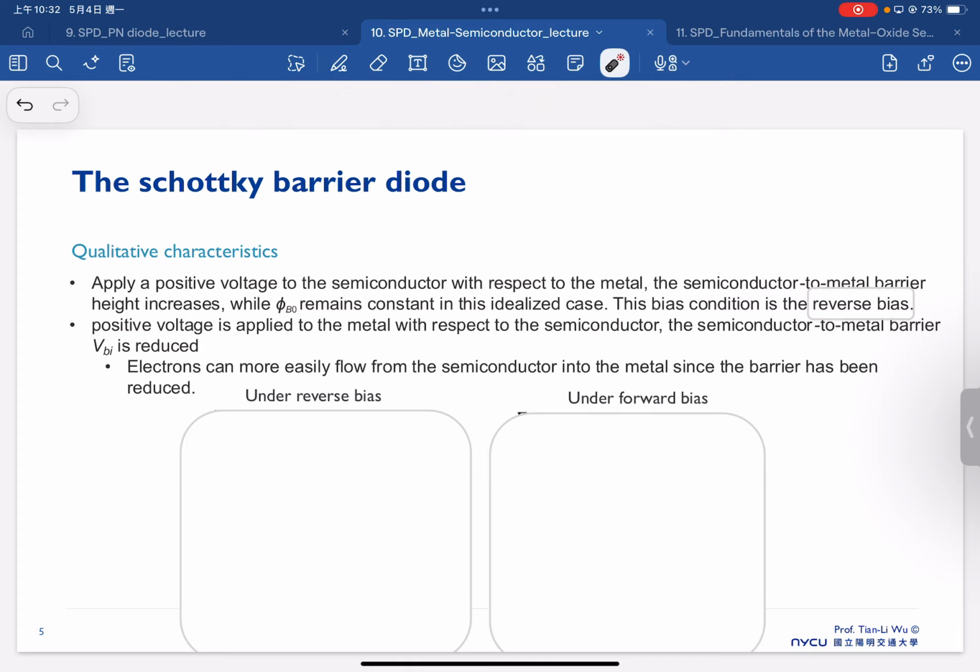When we apply a positive bias to the semiconductor with respect to the metal, the semiconductor-to-metal barrier height increases, while phi B remains constant in the ideal case. This bias condition is what we consider as a reverse bias. And therefore, now we have to try to draw the band diagram under the reverse bias.